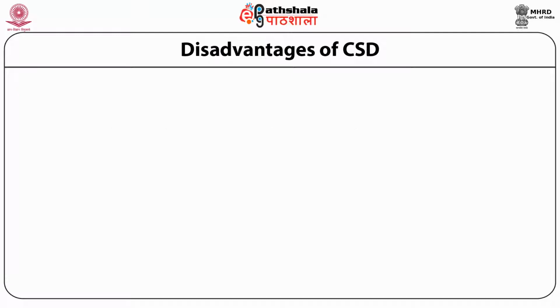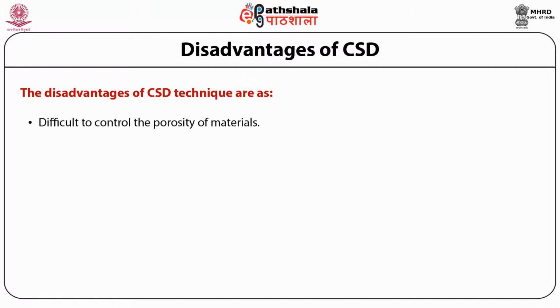Now, after seeing so many advantages of the CSD technique, we should also know about its disadvantages, which are as follows: number one, it is very difficult to control the porosity of materials by using this technique. Number two, weak bonding, lower wear resistance, and high permeability.